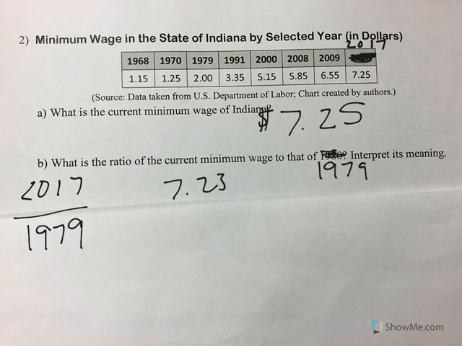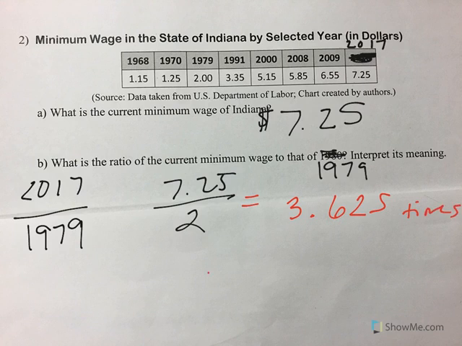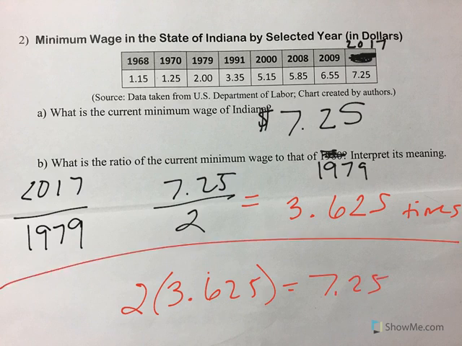So 7.25 compared to 2. Now, if you divide those, you get 3.625, which means minimum wage is 3.625 times higher now than it was in 1979, which makes sense. You can kind of see that. If you took what it was in 1979 and multiplied by 3.625, you would get the current minimum wage of 7.25, which is why I said that.